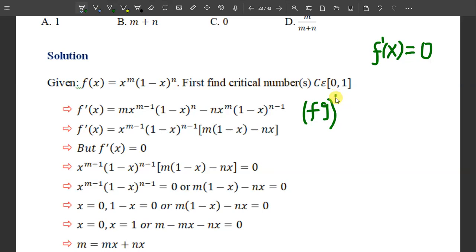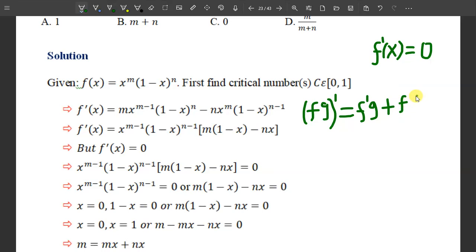Then the derivative of f times g becomes the derivative of f multiplied by g, plus f multiplied by the derivative of g.